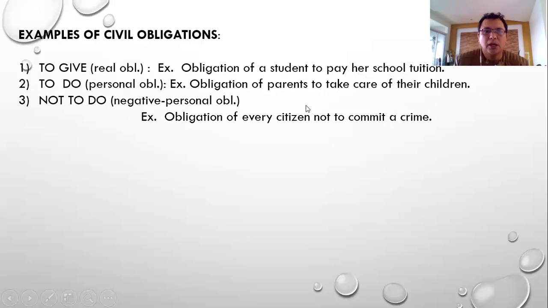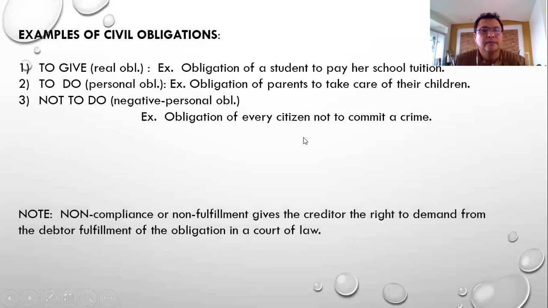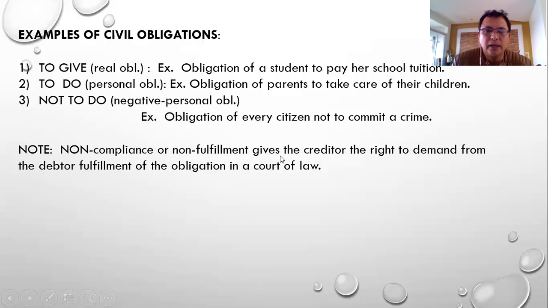So they can file a case. Because non-compliance or non-fulfillment gives the creditor the right to demand from the debtor fulfillment of the obligation in a court of law.